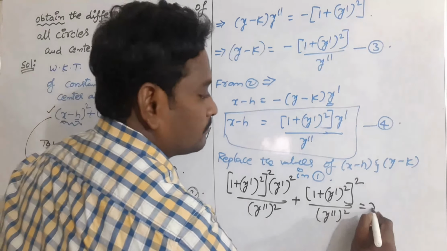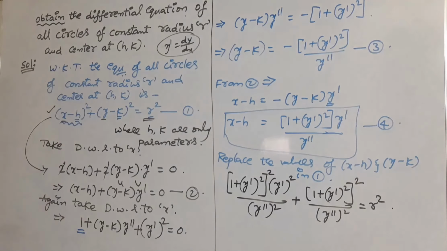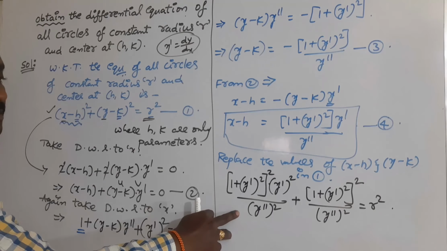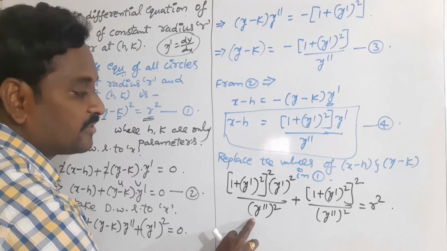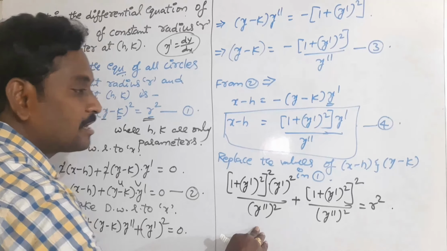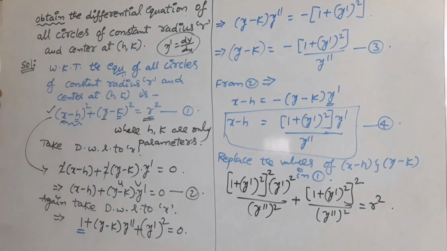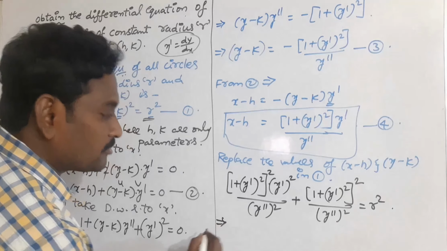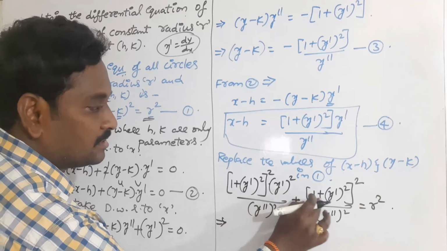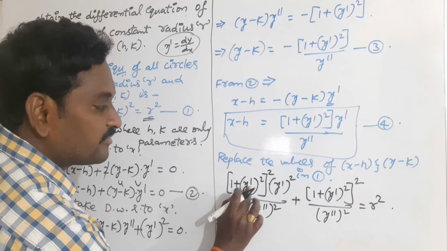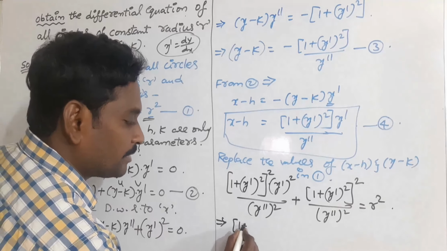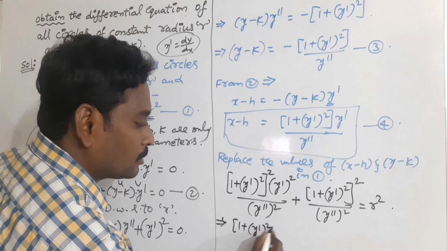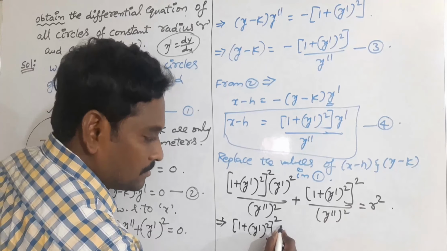R square. By taking the LCM, in the left hand side both denominators are the same, so take the LCM, which is y double dash whole square, and take this denominator to the right side, you will get it in the product. Also we observe that in the numerators, 1 plus y dash whole square is the common term.